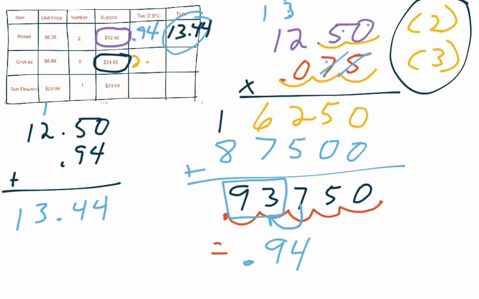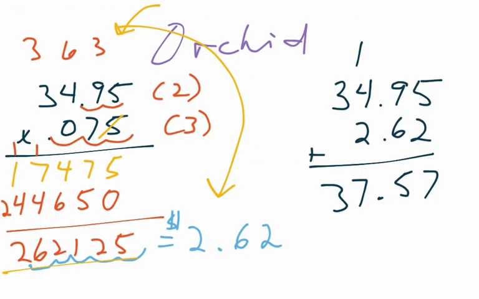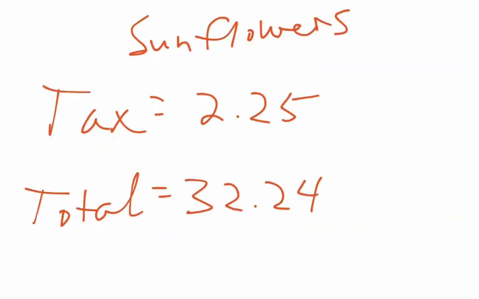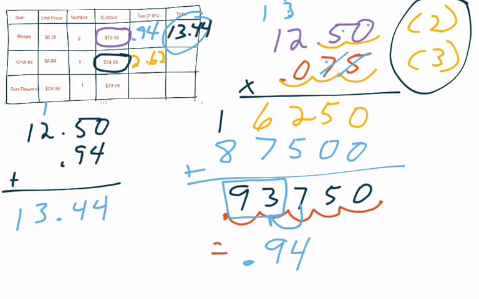So I'd put $2.62 of tax, and then we add that to the total right here. $34.95 plus $2.62 changes that subtotal to $37.57.